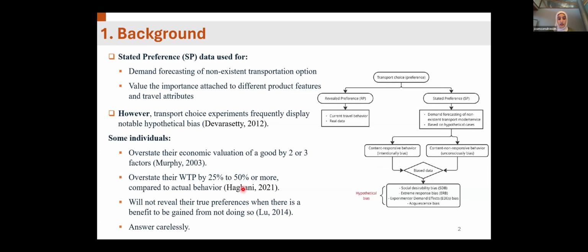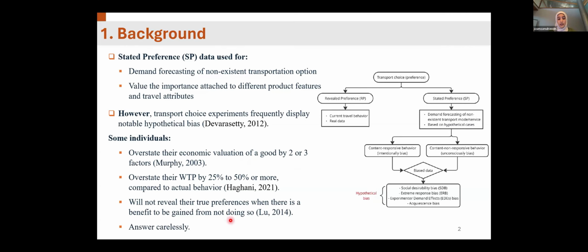Those are some examples from literature that argue that respondents usually answer in a biased way. They sometimes overstate their economic valuation of a good by 2 to 3 factors. Sometimes they would overstate their willingness to pay by 25 to 50% or more compared to their actual behavior.